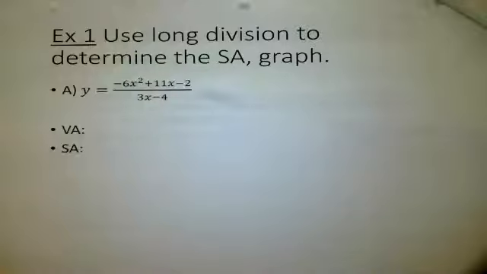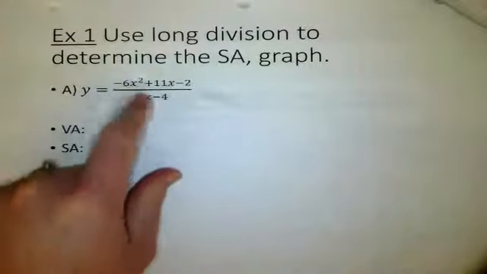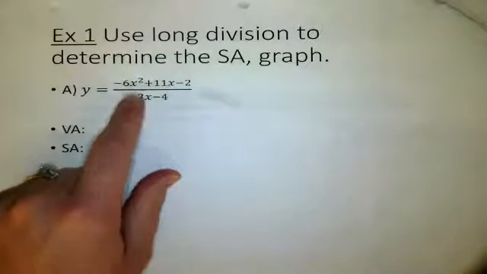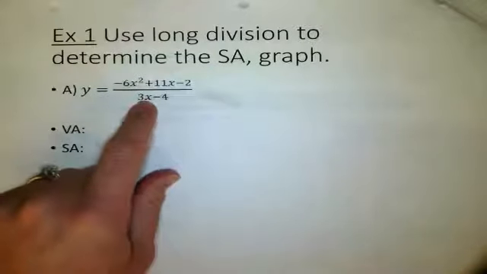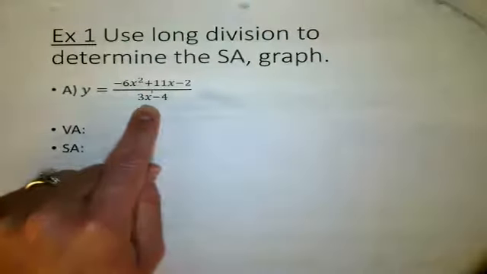So use long division to determine the slant asymptote. What's different about these, the numerator and denominator today? It's x squared in the numerator, but just x to the first power in the denominator.